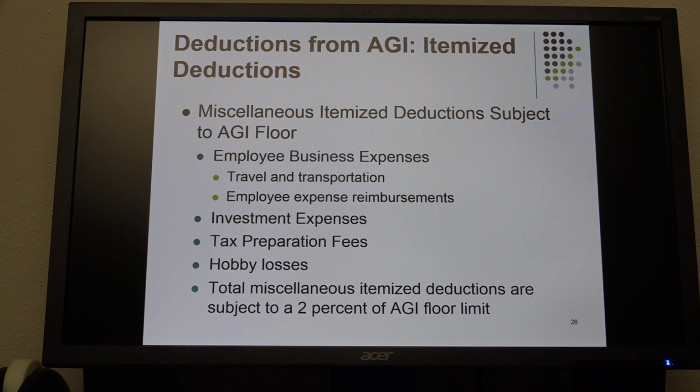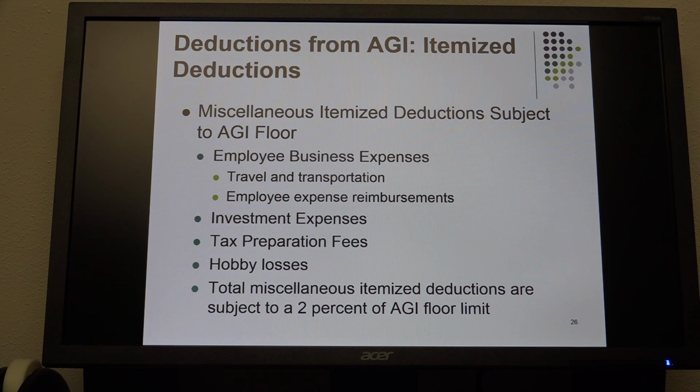Well, if the activity is primarily for personal enjoyment, it's going to be considered a hobby, and you're going to be limited in how much you're able to deduct as far as the expenses.